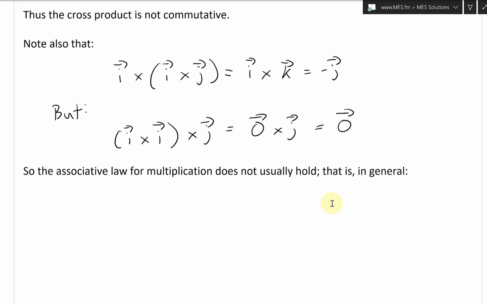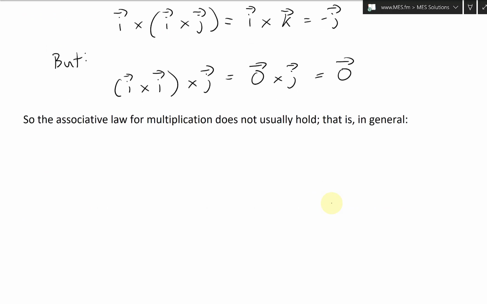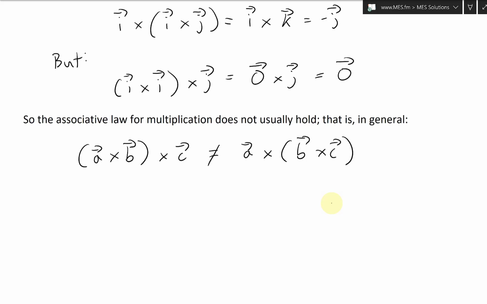That is, in general, this isn't the case for cross products: A cross B, bracket cross C, is typically not equal to A cross, and then B cross C in brackets. Typically, you can't just flip things around like typical multiplication laws.